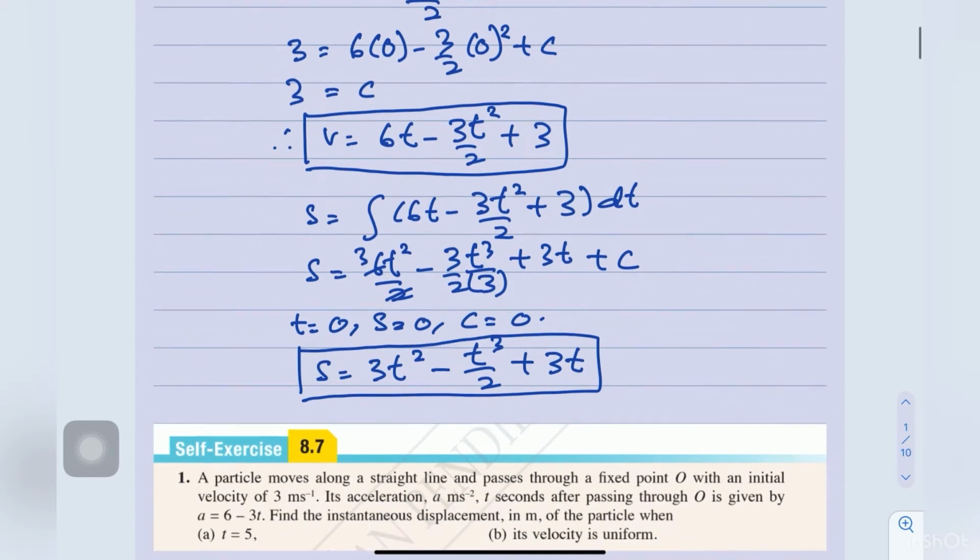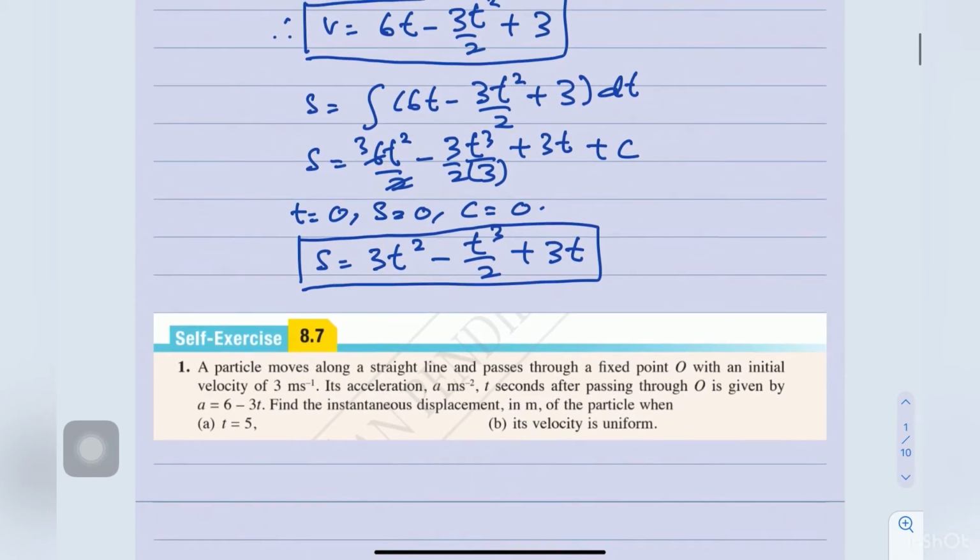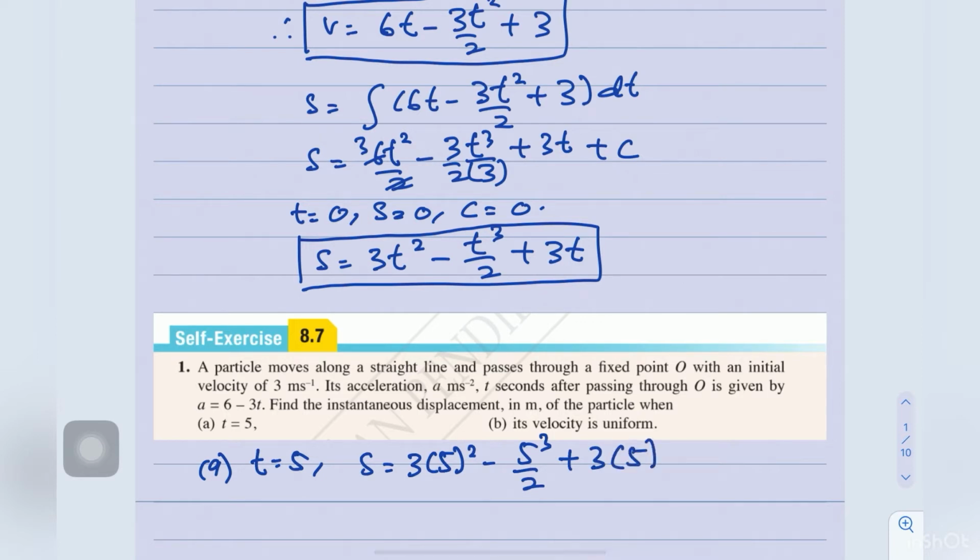Then for question A, we need to find the instantaneous displacement when t equals 5. Substitute 5 into displacement S. So S equals 3 times 5 squared minus 5 cubed over 2 plus 3 times 5, which equals 27 1/2 meter.